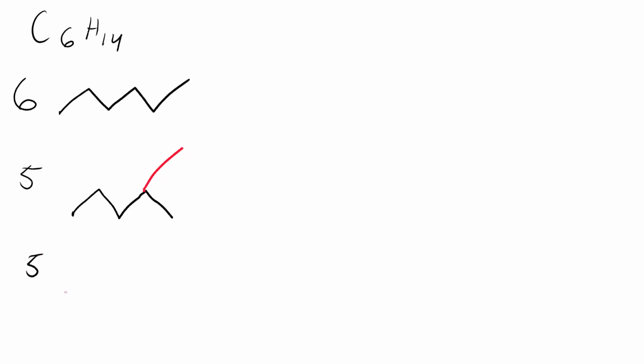So let us do it again. 1, 2, 3, 4, 5. Now I cannot use this carbon because it would be the same thing as this one. Okay. Well, what about this one? Well, yeah, because this is not the same as that one, and we still have 6 carbons.